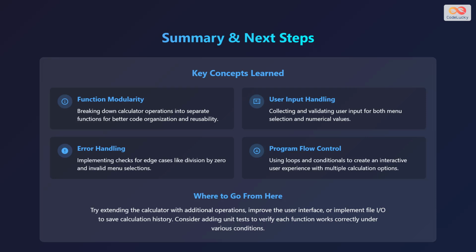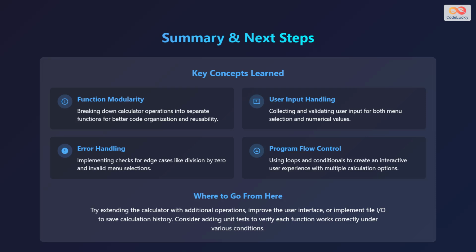Let's recap the key concepts that we've learned throughout this project. We've explored the idea of breaking down calculator operations into separate functions for better code organization and reusability. We've learned how to collect and validate user input for both menu selection and numerical values, ensuring a smooth user experience. We've seen how to implement checks for edge cases like division by zero and invalid menu selections, enhancing the program's robustness.